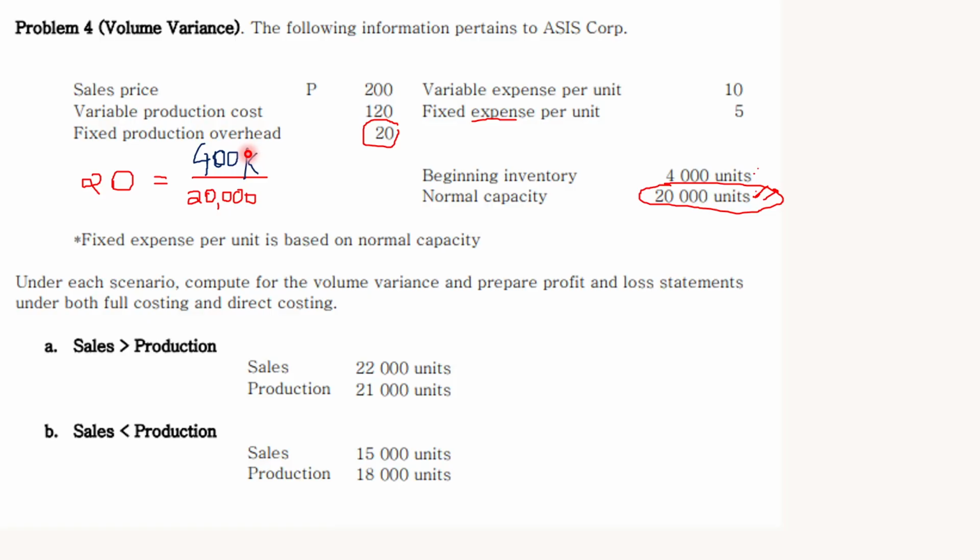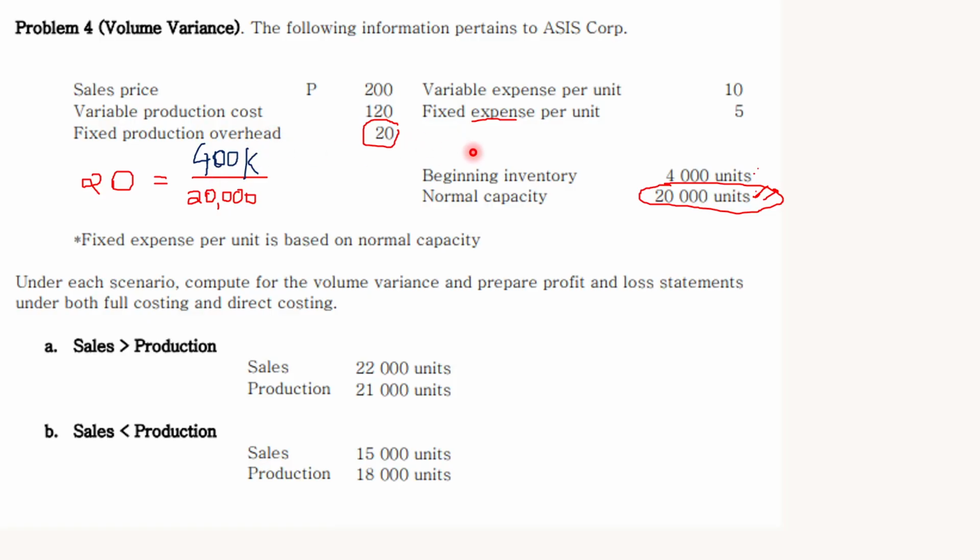Problem is silent. When the problem is silent, whatever the budgeted FOH is, that is the actual FOH. Wala naman sinasabi yung problem, so kung ano yung budgeted fixed overhead, yan na yung actual.